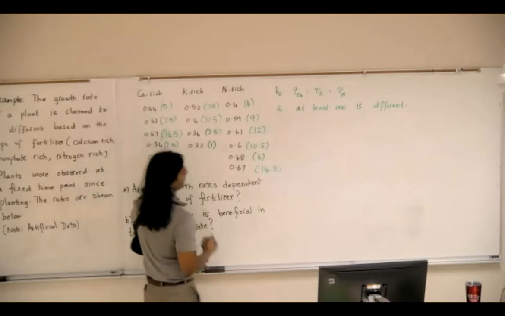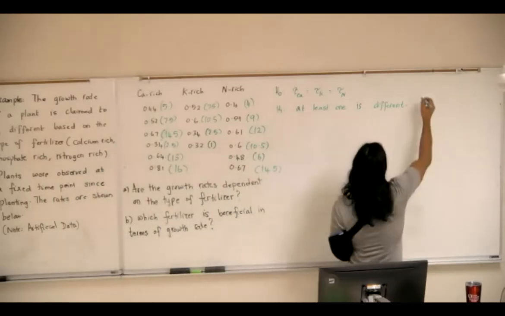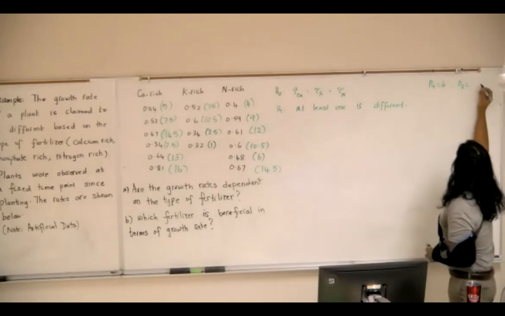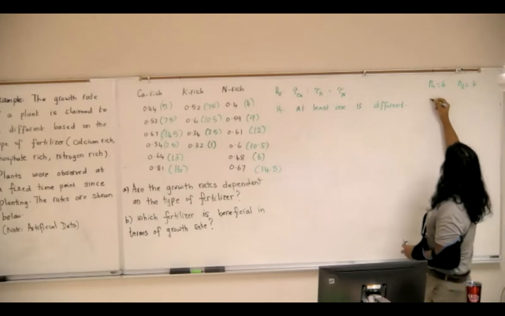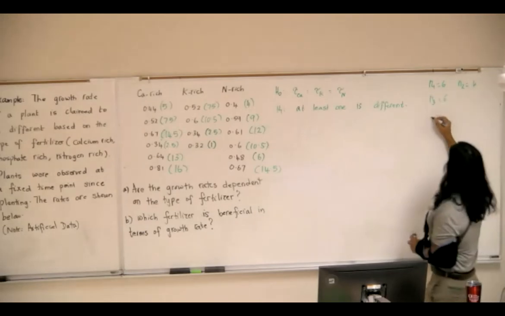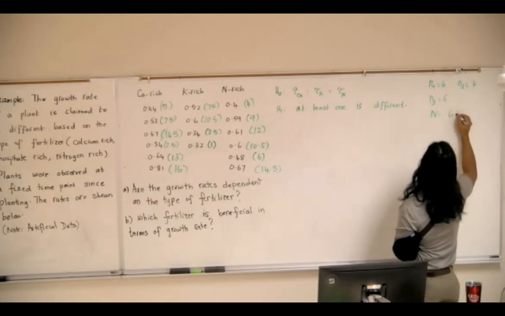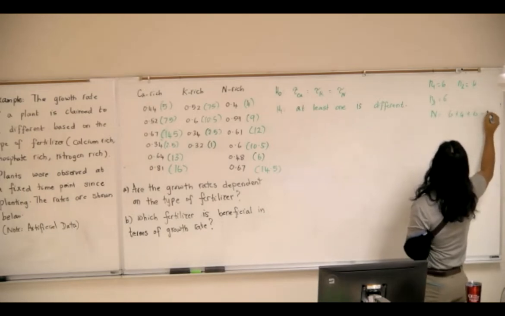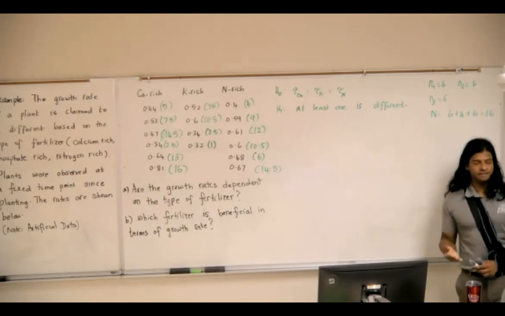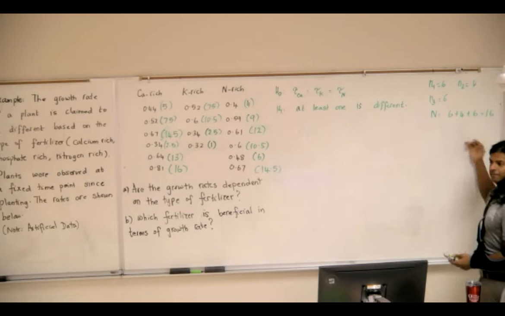So N1 is 6, N2 is 4, N3 is also 6. Sum of all of those would be 16. And the maximum rank that you assign cannot exceed 16, obviously.